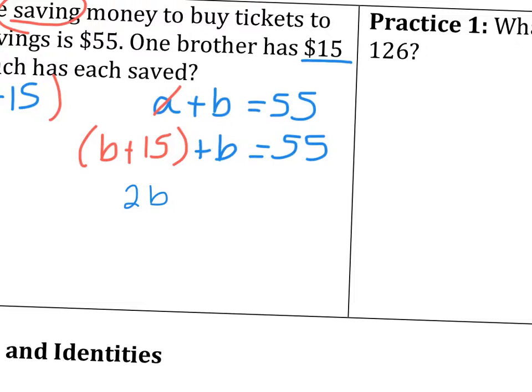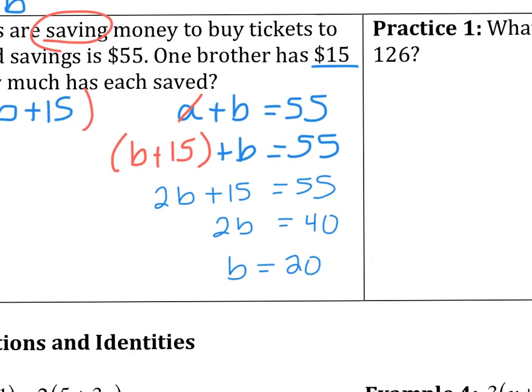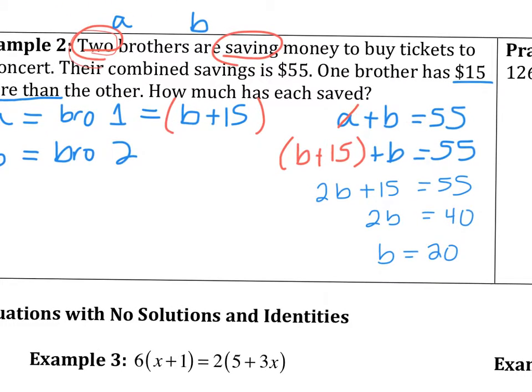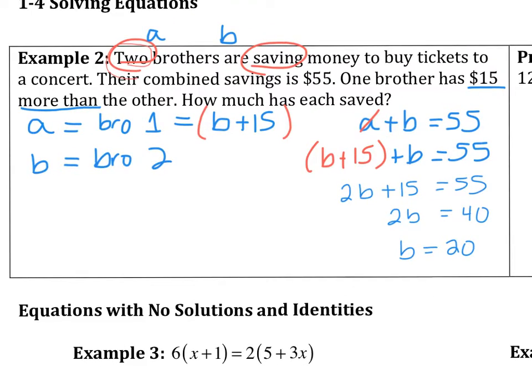So now I get 2b plus 15 equals 55. You could have subtracted the 15 at this stage and jumped to this step here, 40. And then b is 20. Now let's go back and interpret. How much has each saved?